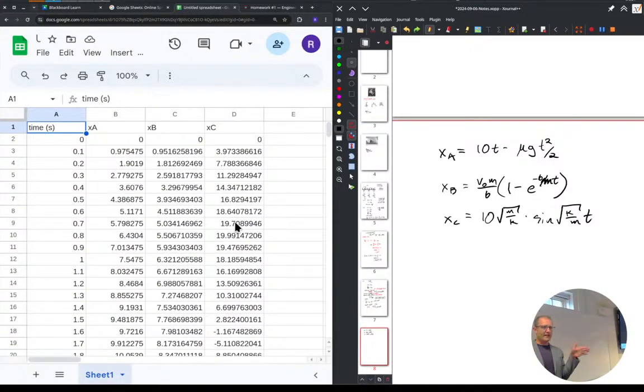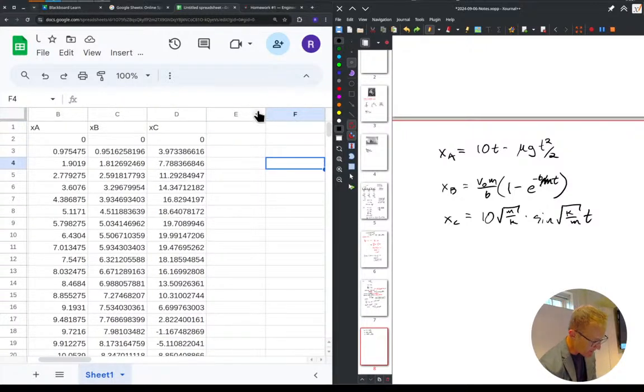And now I've got one column. First column is my independent variable. Then I've got solution A, solution B, solution C. Making progress.